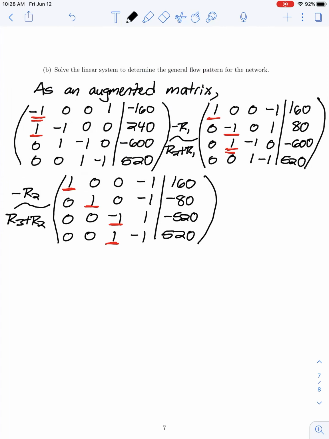So as we did with our first two row operations, let's get rid of the negative in that third row by taking the negative of my third row.